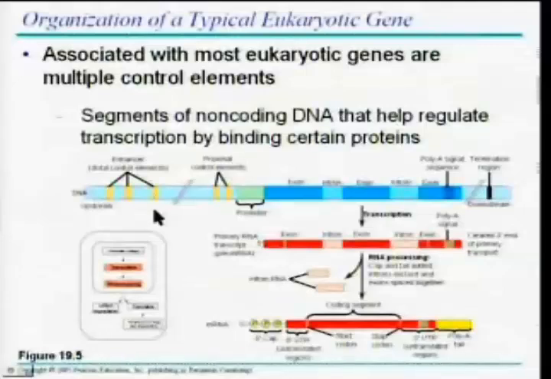Now here let's note that we are considering control at the level of transcription and RNA processing. So associated with most eukaryotic genes are multiple control elements. Segments of non-coding DNA that help regulate transcription by binding certain proteins.